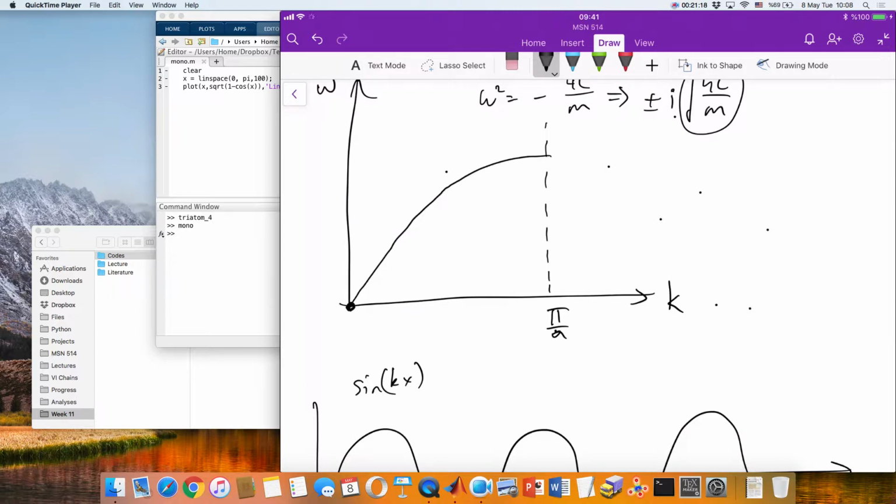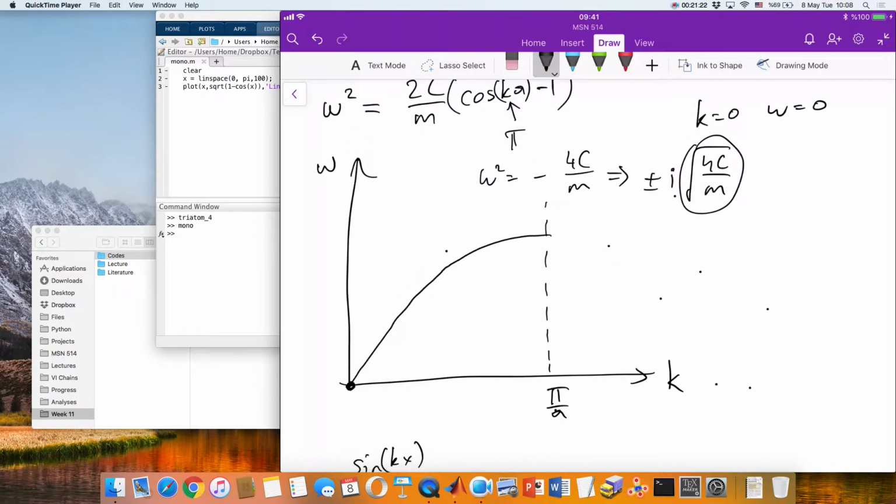Do you remember that when omega was positive, like when we write the i omega t, there is a restoring force. When it is 0 or negative, it means that the thing actually wants to go that way, right?